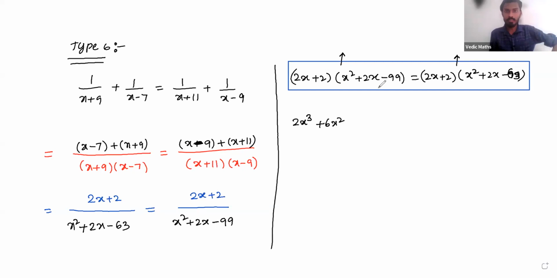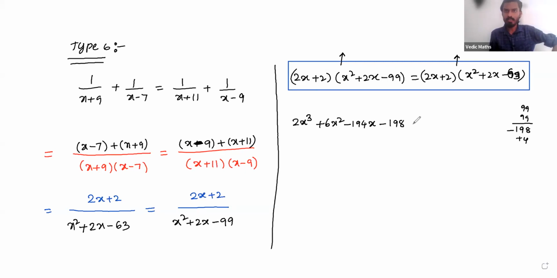The next one will be 99 into 2, that is 198x, and the other x value is negative, then plus, so we are getting 194x. And after that, minus 198 we are getting.